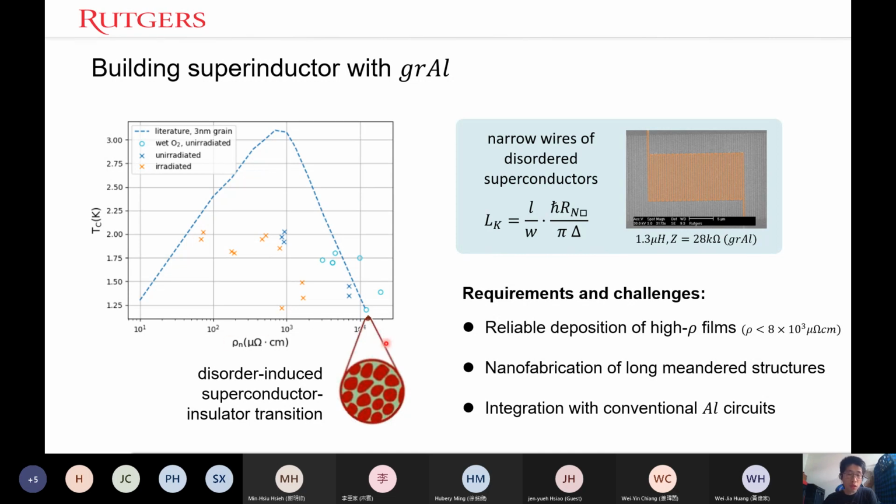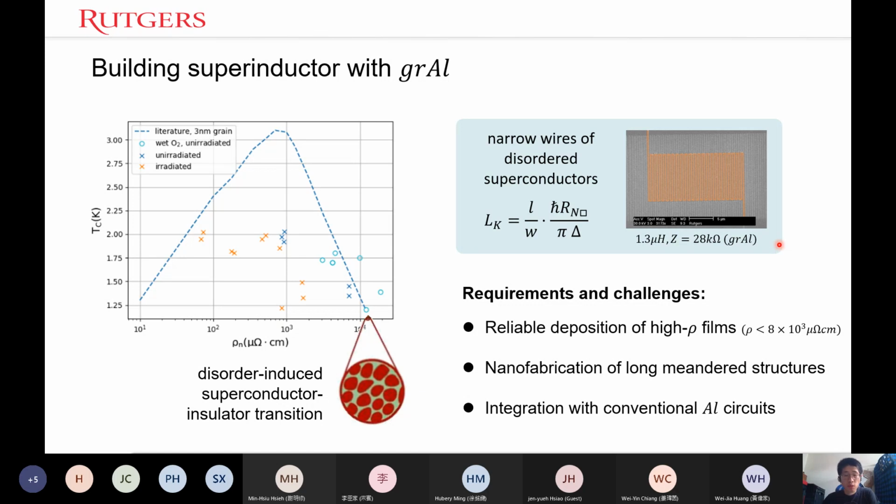However, eventually we hit a limit, where the material TC is too low and it hits the superconductor-insulator transition barrier, so the material will simply not superconduct. This upper limit in our case is around 8,000 microohm centimeter, which gives about 8 nanohenry per square.